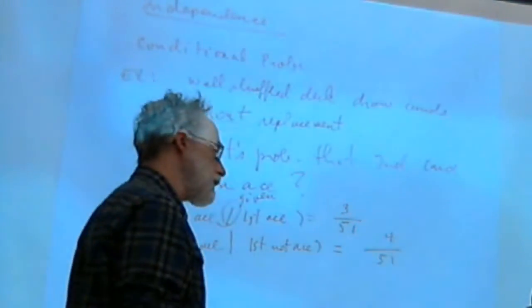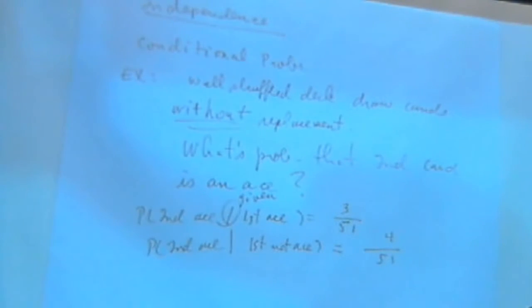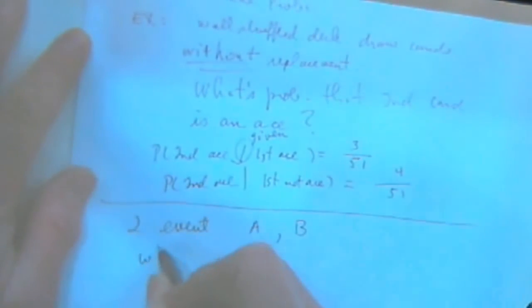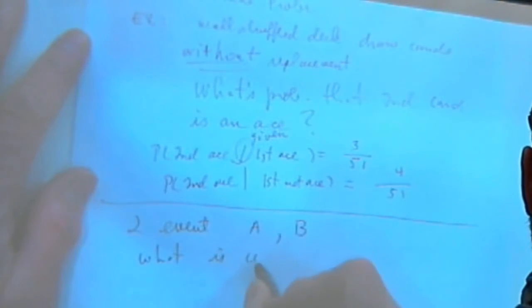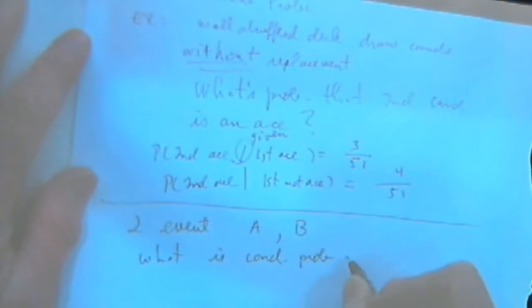What is a conditional probability? If you have 2 events, the conditional probability would be given.